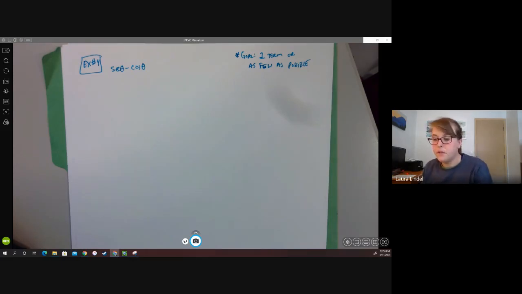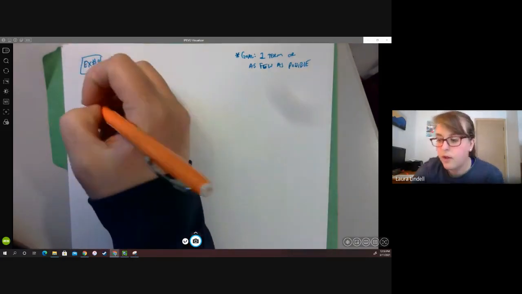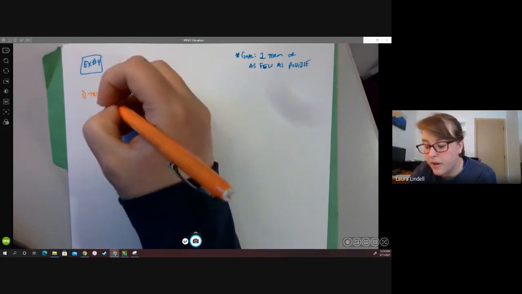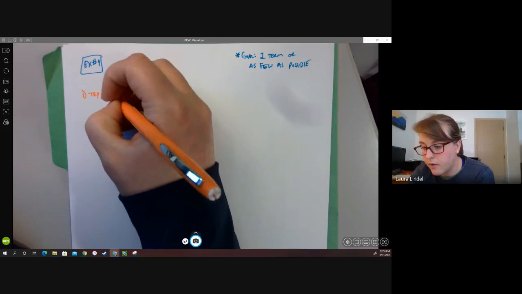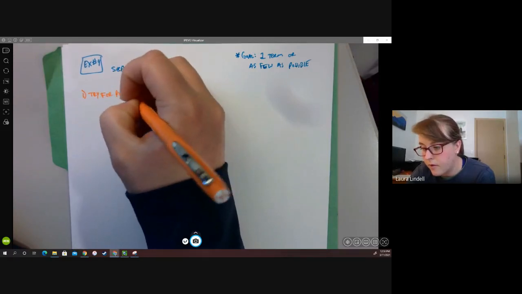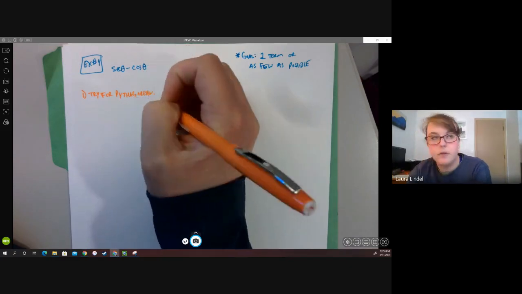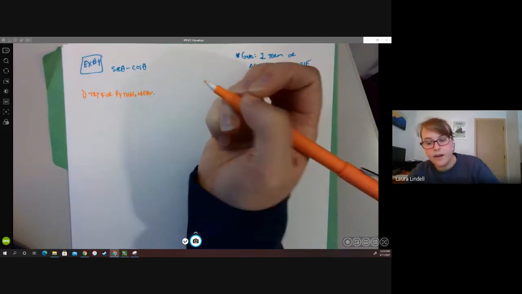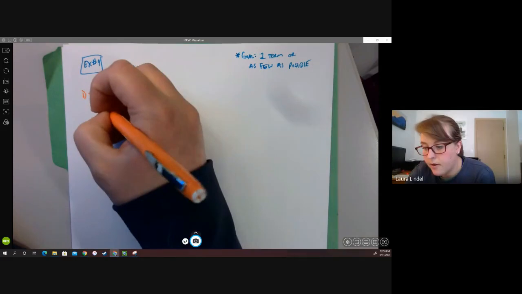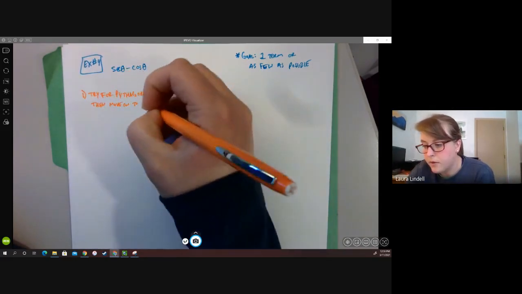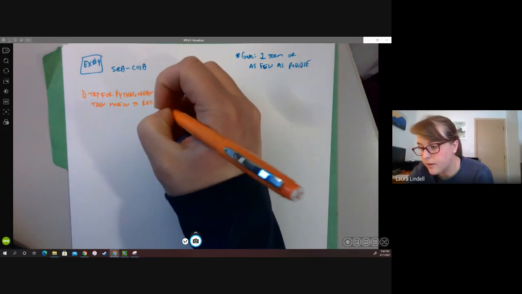Okay, so first, the first thing I would try for is to see if there's any Pythagorean identities. If you don't see any particular Pythagorean identities, then you move on to reciprocal and quotient.